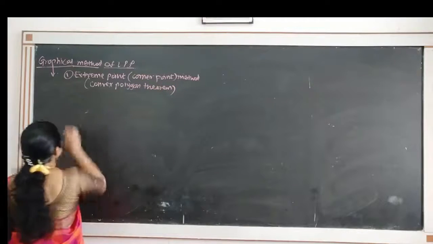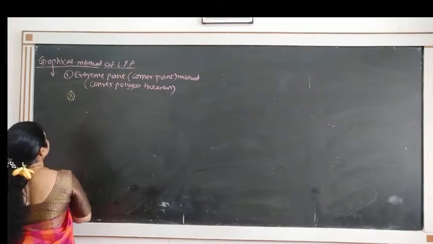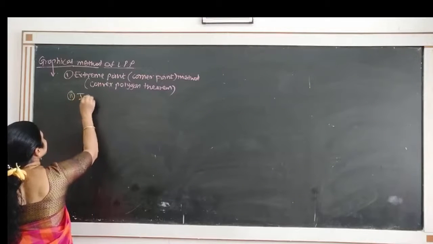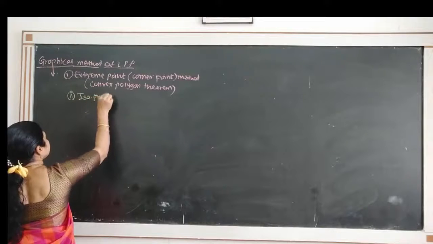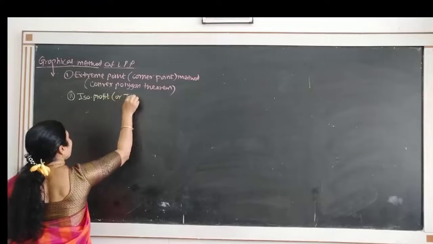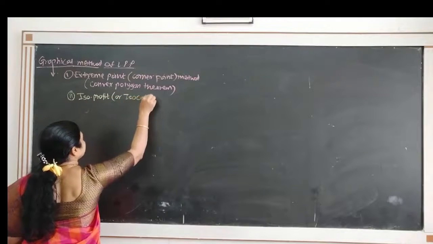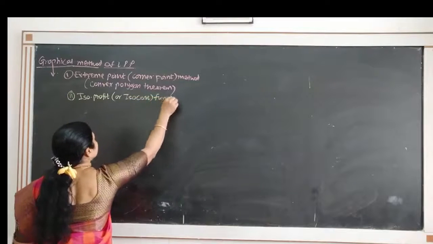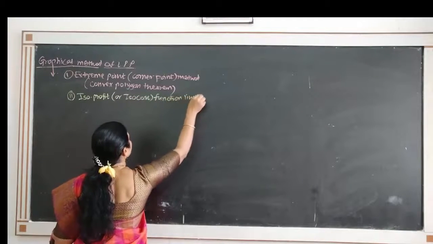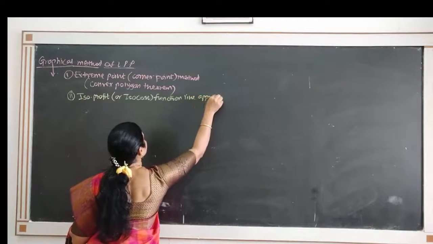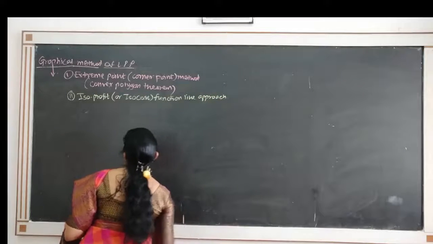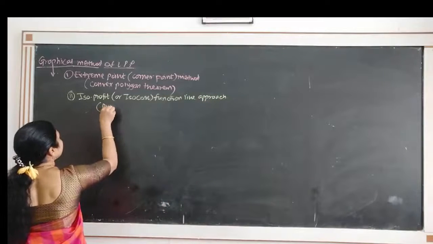And the second method is known as the isoprofit or isocost function line approach, that is a purely graphical method.